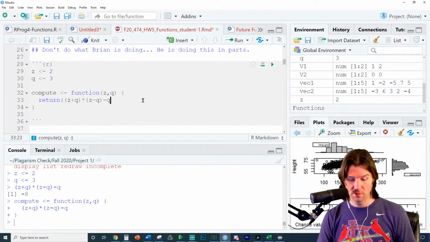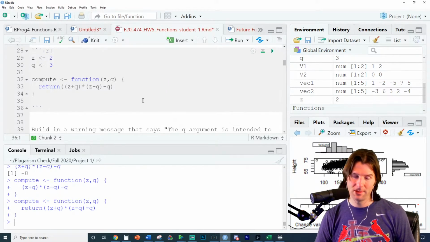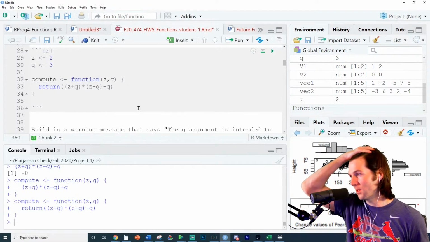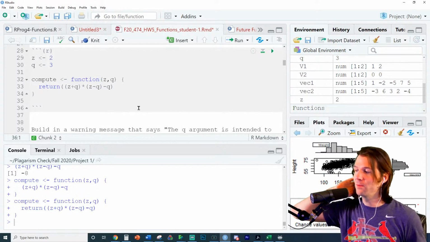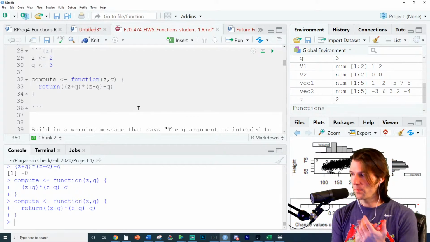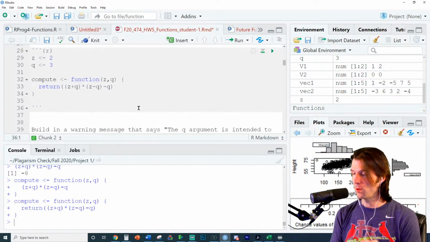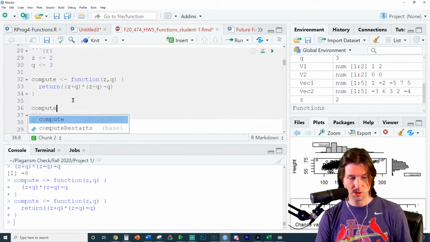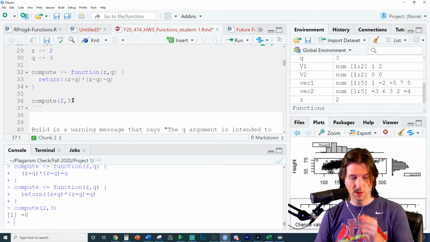We're going to return this value. It would return it anyways, because it returns the last thing, I believe, but return is how you end a function. The reason you put return is you're saying, stop here, return this, function over, we're done. So we're going to run compute, and we're going to check we get the same value.